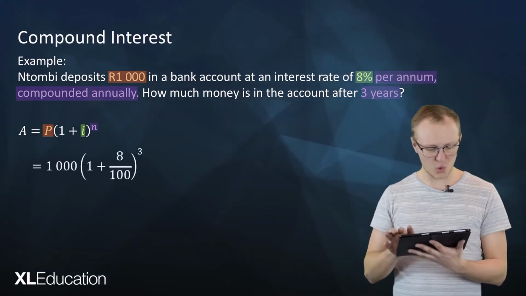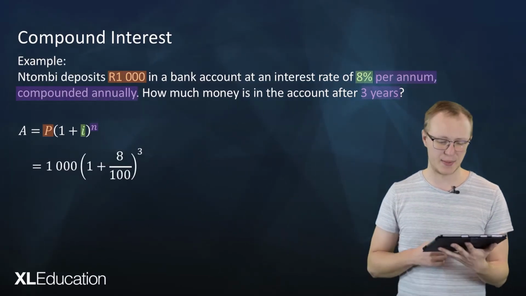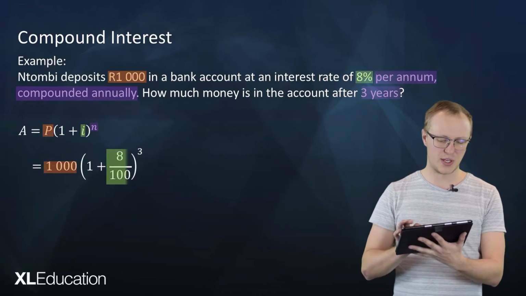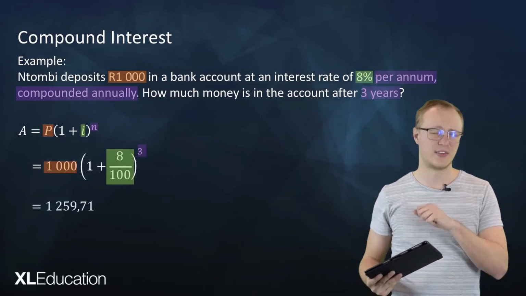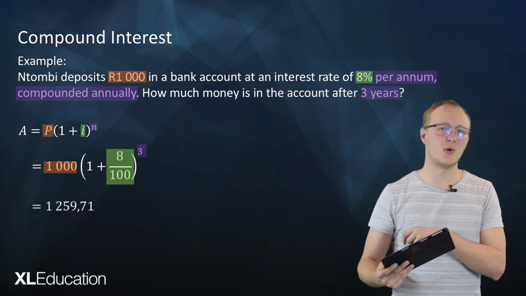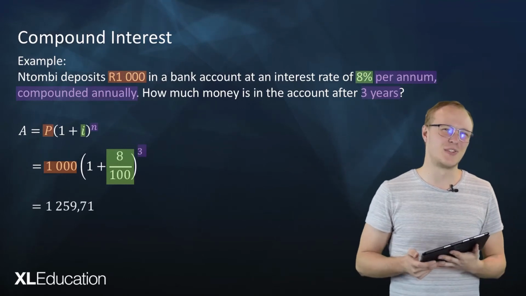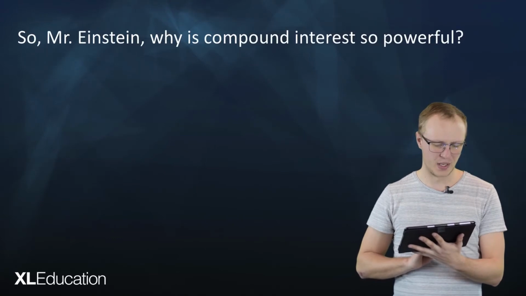So we get that A equals 1,000 times (1 plus 8 over 100), because it's 8%, to the power of 3, and we are going to get 1,259 and 71 cents, which is exactly the same as we got in the table method, but this was a little bit more quick. So let's keep going.